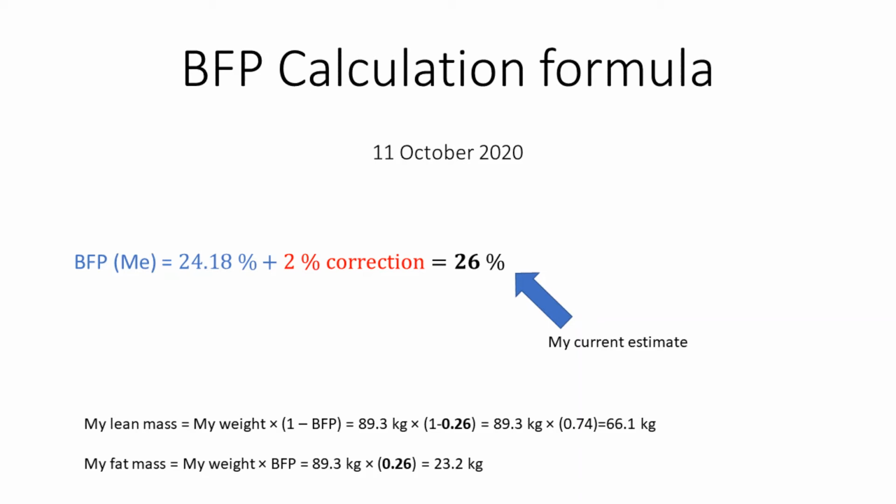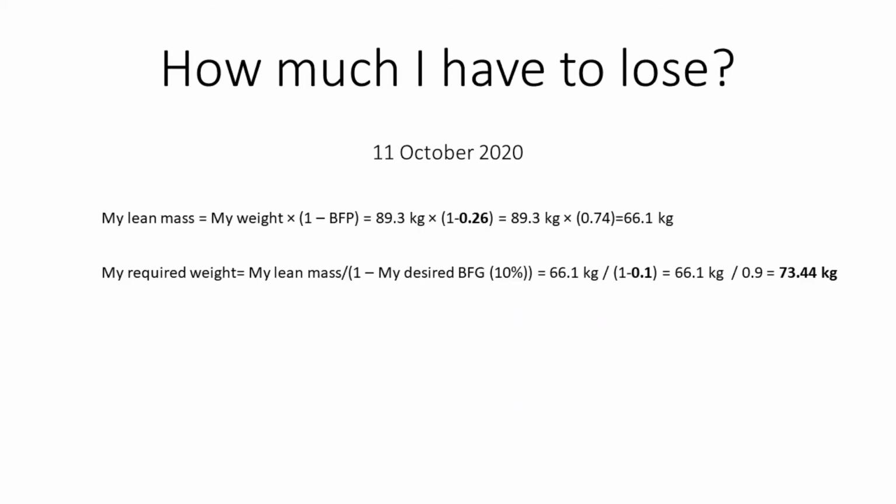how much fat I have to burn in order to arrive at my desired body fat percentage. So I aspire to achieve 10%, and by using some calculations, which are shown on the screen here, I calculate that on the assumption that my lean mass will remain the same, my required weight should be 73.44 kilograms.